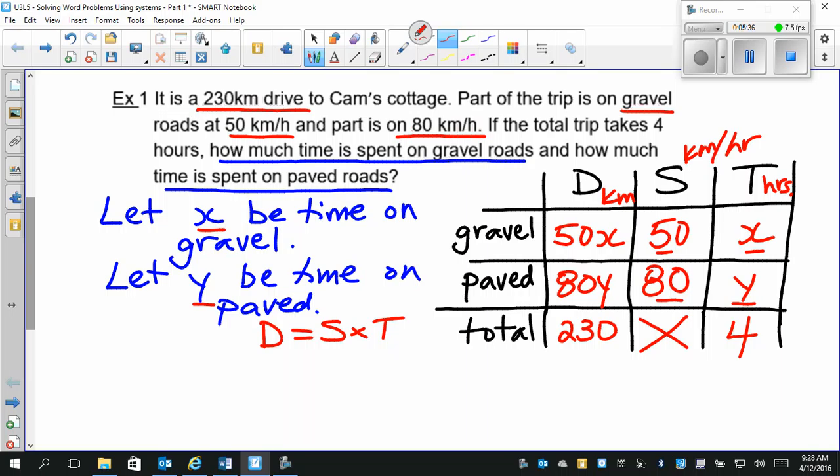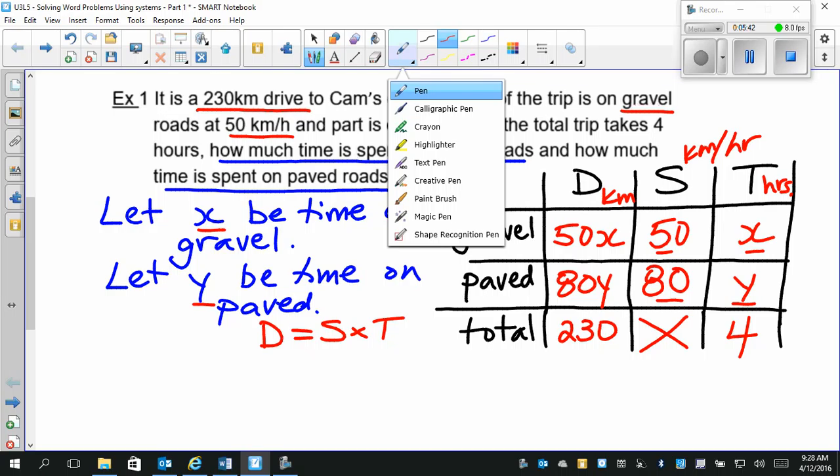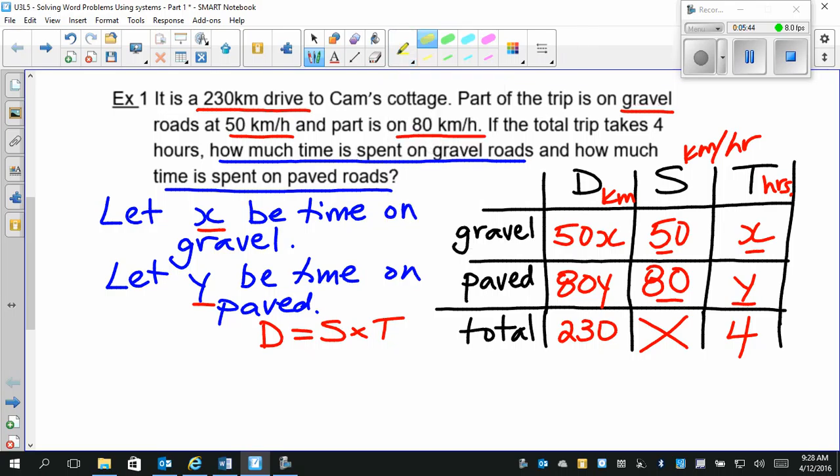And once I get here, now I've got this part here makes one equation, and this part here makes another equation. So if we want, that's going to be equation 1, and that's going to be equation 2. So I'll write it over here in equation form.